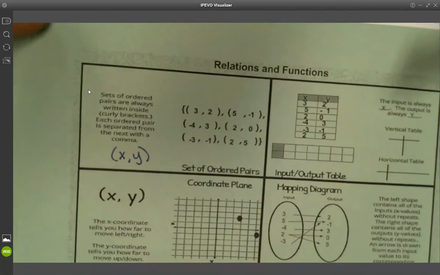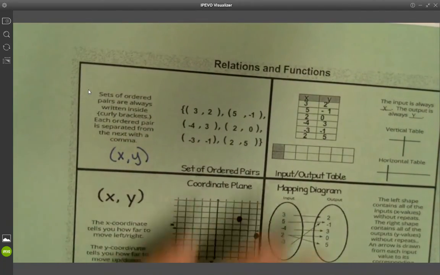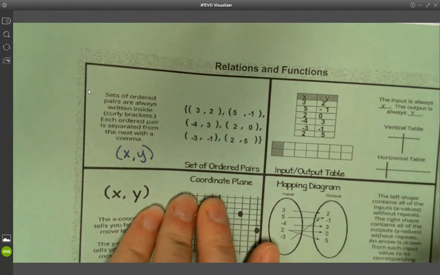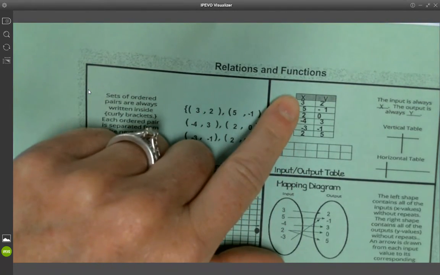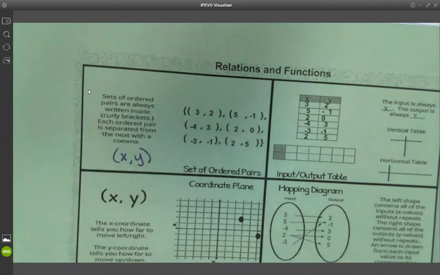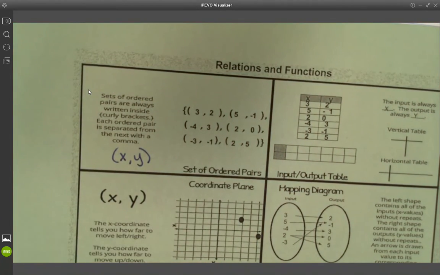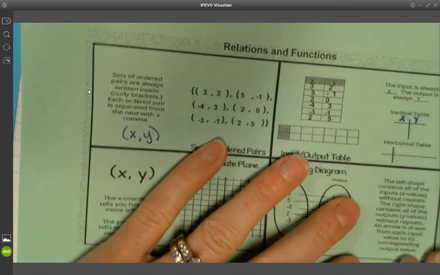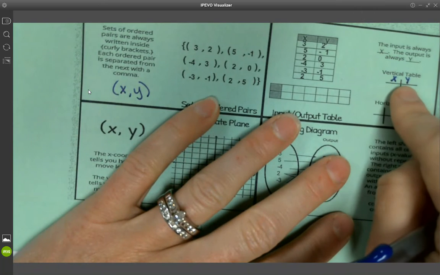An input-output table, also a T-chart. So the x values go on the left, the y values go on the right. Input is our x value. Output is y. So we put a number in for x, and we come out with the output, which is y. We can have a vertical table. So x, y. X is always on the left side. Y is on the right.